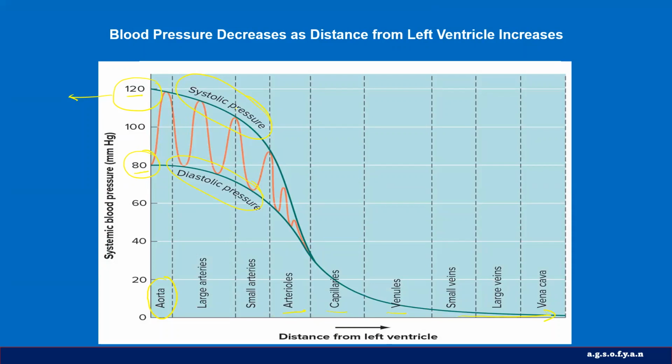The highest pressure is mostly measured at the aorta side, then in the capillary the pressure goes down, and in the vena cava, as I mentioned before, the pressure is close to zero, almost no pressure.